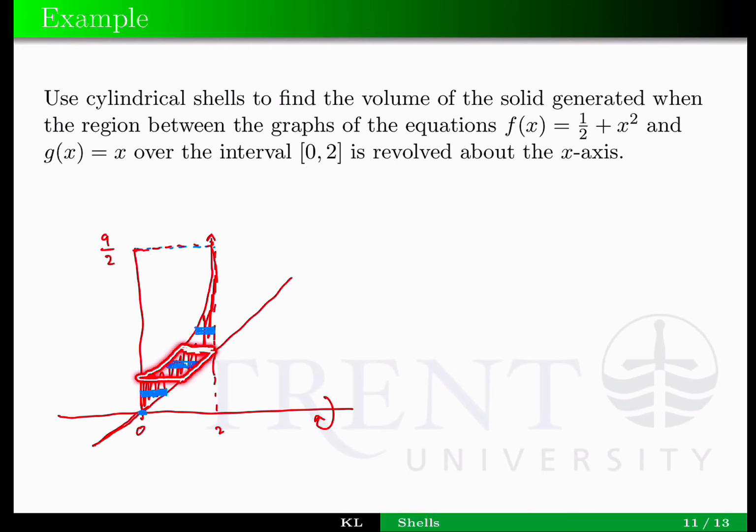But beyond this, you will have this set of strips. The leftmost is still the parabola, but the rightmost is now this vertical line. So apparently, if we use cylindrical shells here, then it becomes more complicated.